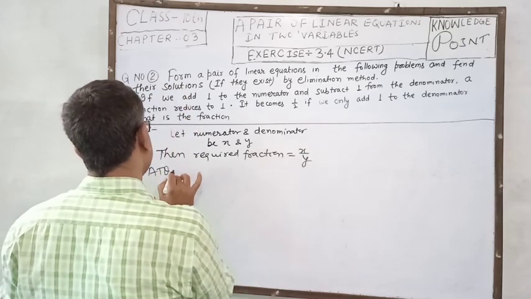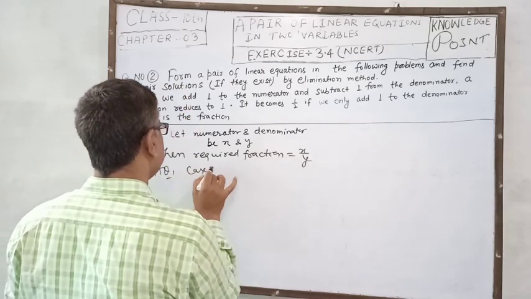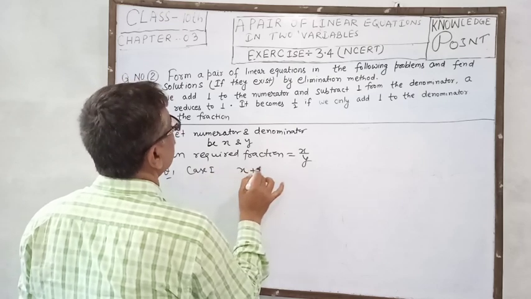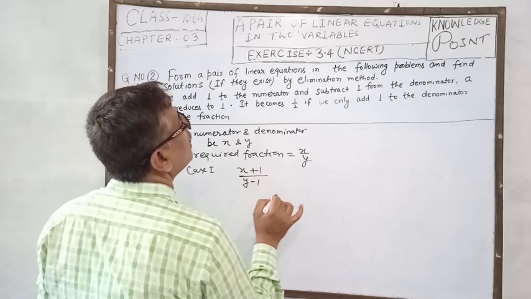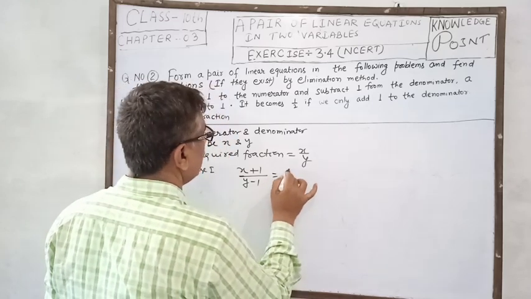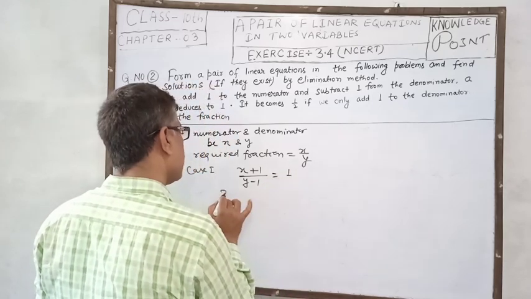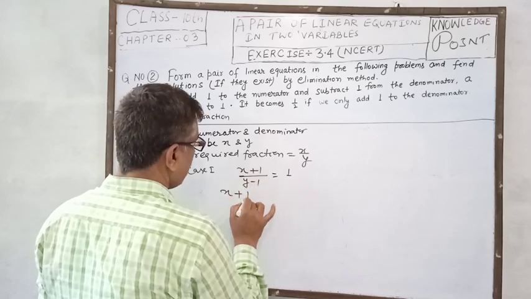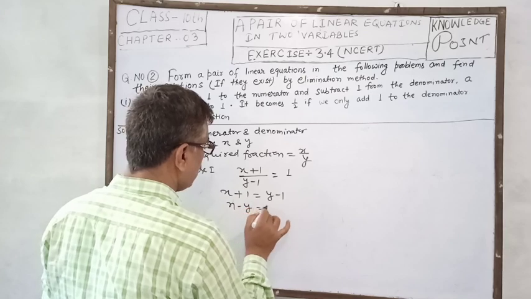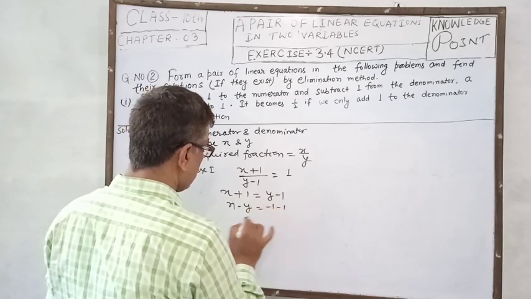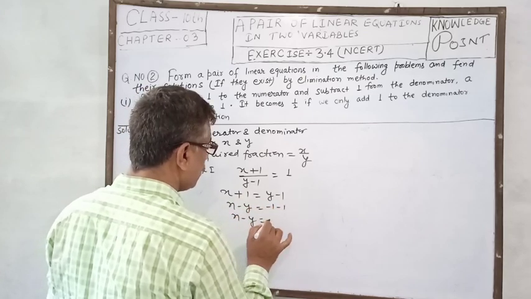According to the question, case first: x plus 1 over y minus 1, that is, 1 added to the numerator and 1 subtracted from the denominator, it reduces to 1. On simplifying, x plus 1 equal to y minus 1, so x minus y equal to minus 1 minus 1, x minus y equal to minus 2.